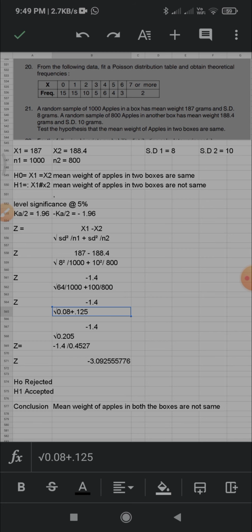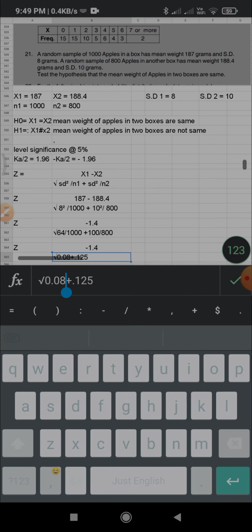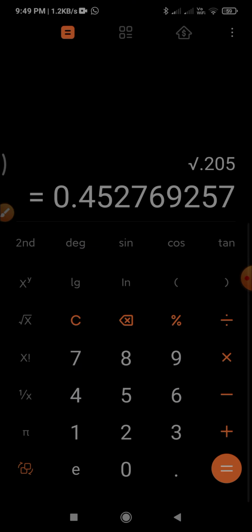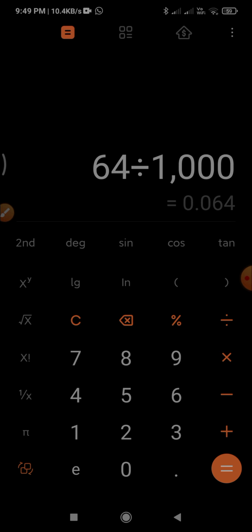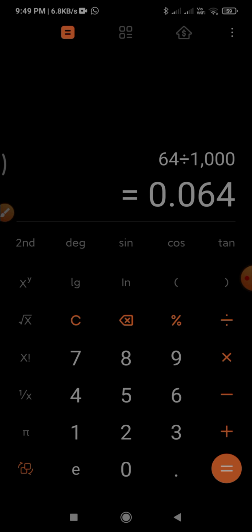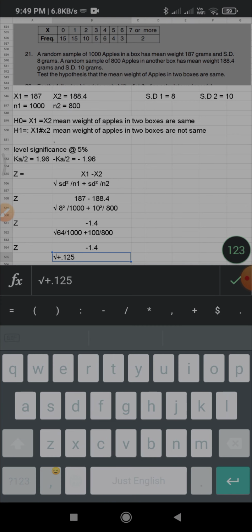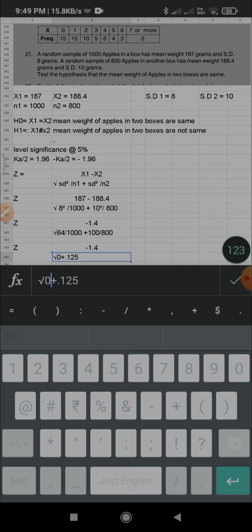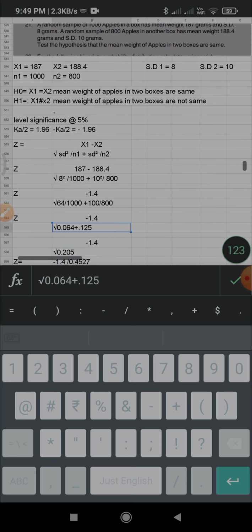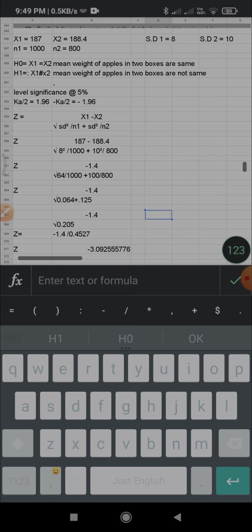Now 64 divided by 1000 is 0.064. This is the calculated value of 64 divided by 1000.